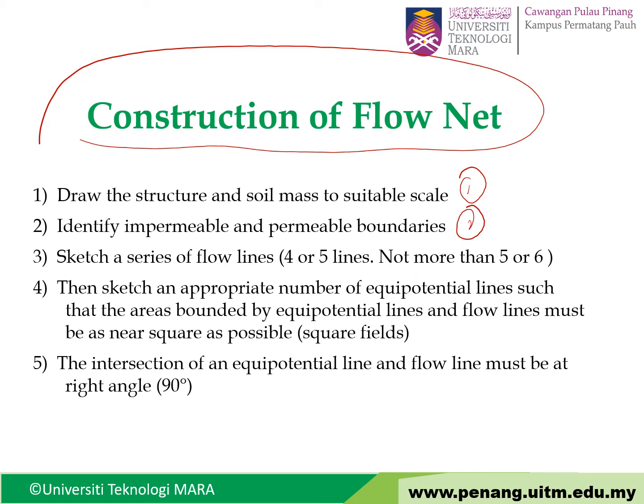Sketch a series of flow lines, 4 or 5 lines, not more than 5 or 6. Sometimes it's 3 plus. Then sketch an appropriate number of equipotential lines such that the area bounded by equipotential lines and flow lines must be as near to square as possible, and the intersection of equipotential line and flow line must be at a right angle, 90 degrees.